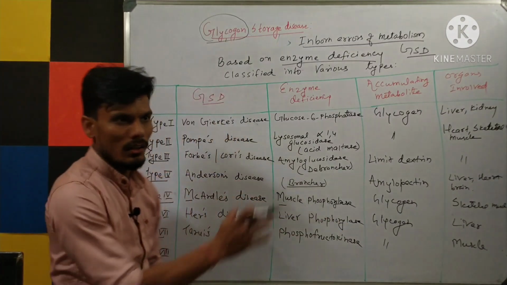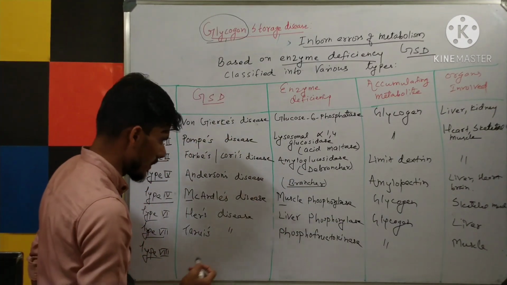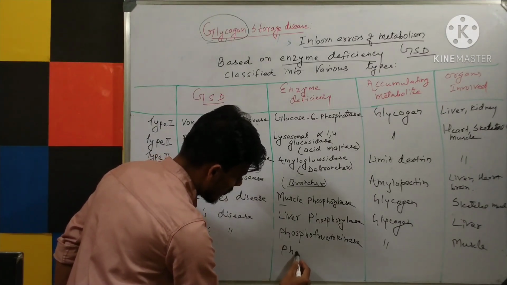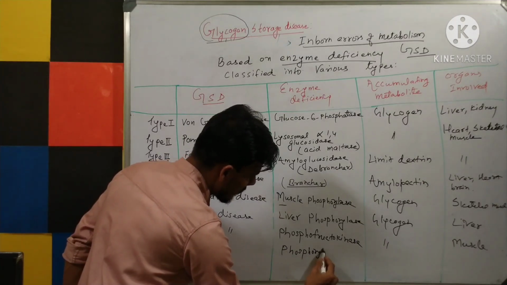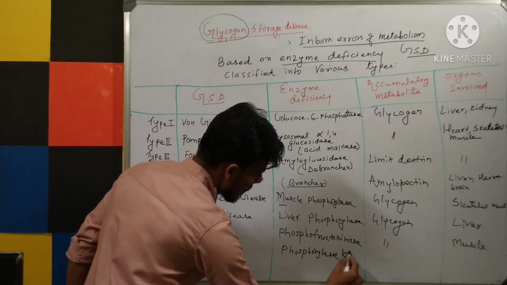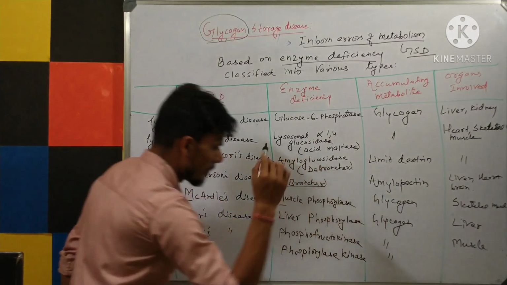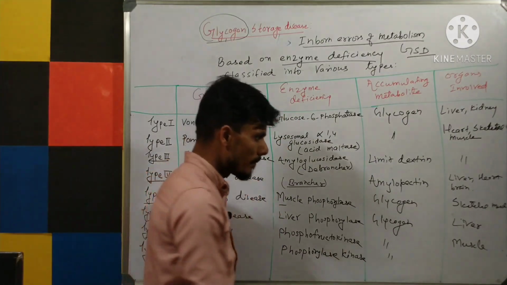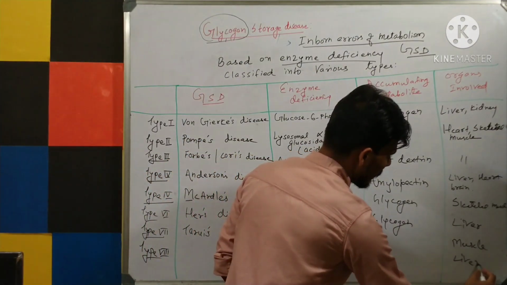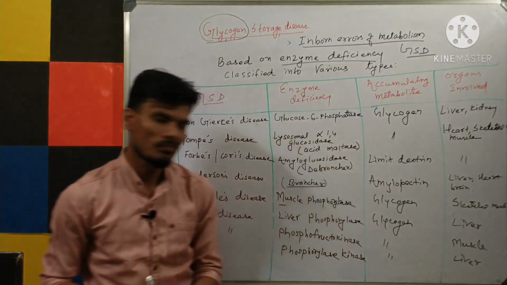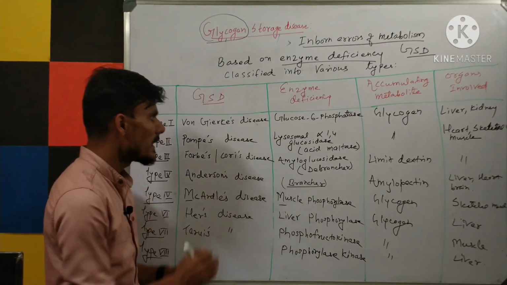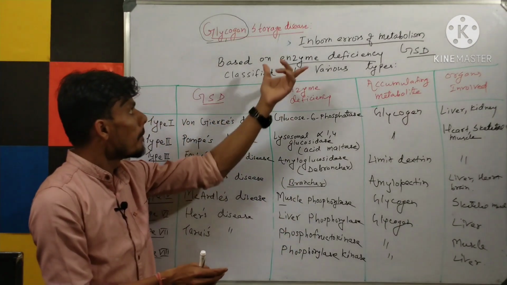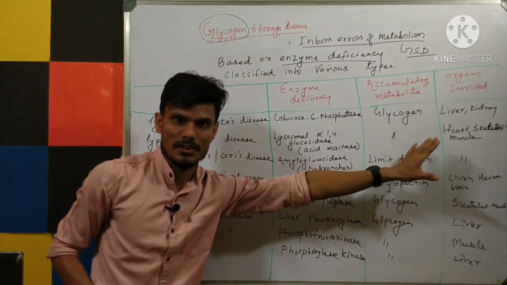In this case, the enzyme deficient is phosphorylase kinase. The accumulating metabolite is glycogen, and in this case also the liver is affected. So these are your types of glycogen storage disease based on enzyme deficiency.